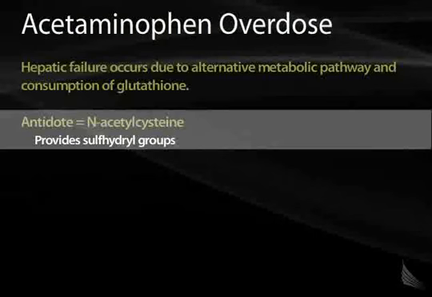Remember, N-acetylcysteine is the antidote for acetaminophen overdose. This is also known as Mucomyst. It's a reducing agent. It contains a lot of sulfhydryl groups which are able to generate reducing agents.